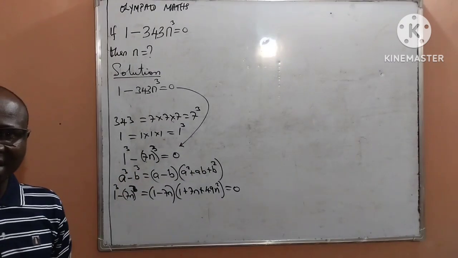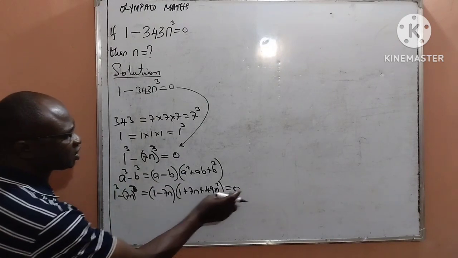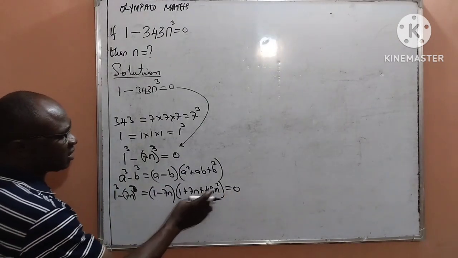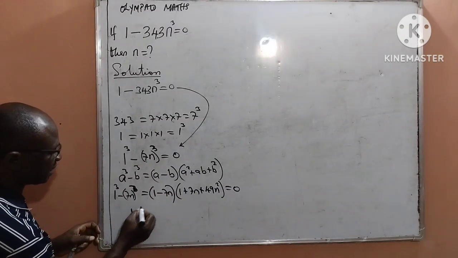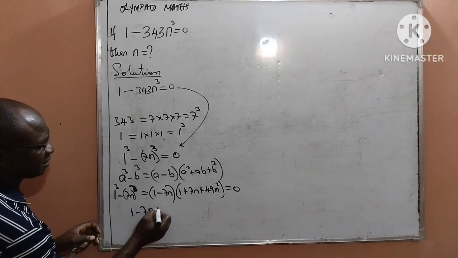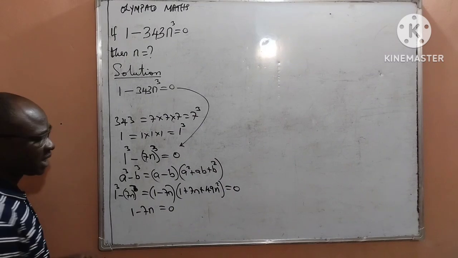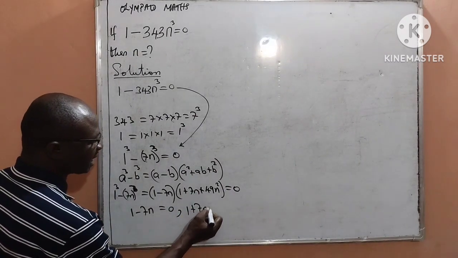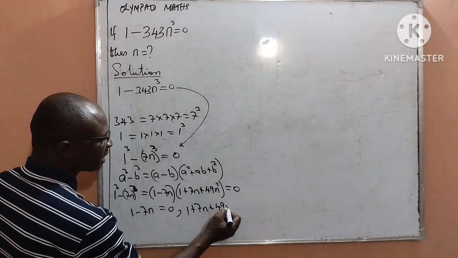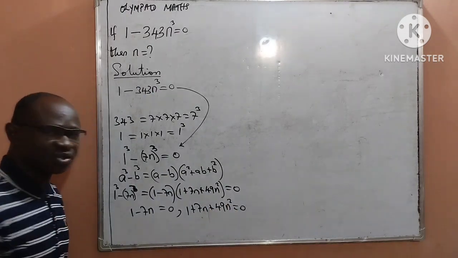What this means is that the first bracket is equal to 0 and the second bracket also is equal to 0. I can now write 1 minus 7n is equal to 0, and also 1 plus 7n plus 49n squared is equal to 0.